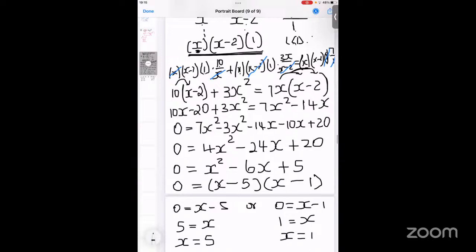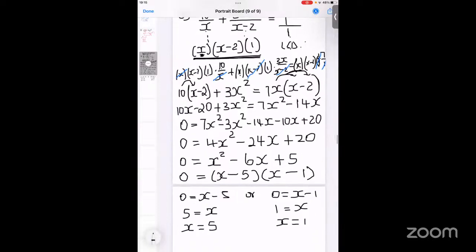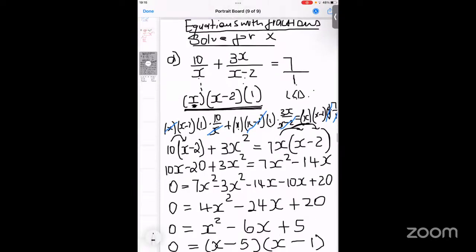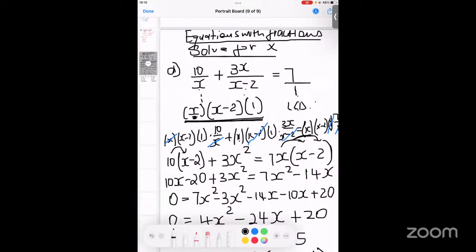So if you want to check whether your answer is correct, we got our answers to be 5 and 1. Where you see x, you can substitute 5. For example, you can substitute 5 there, inside the brackets, and there.